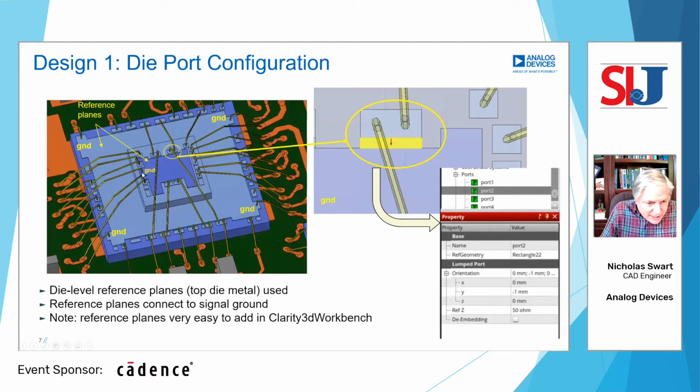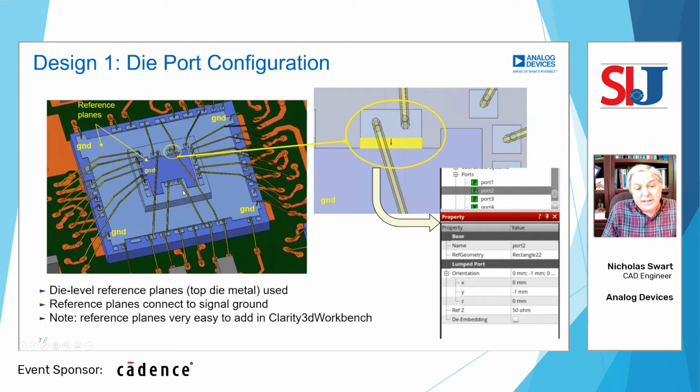And then that plane was physically connected to the ground wires or the ground bond wires and pads for this IC. And if you look in the top right, there's a zoom there, you can see a pad in the top of that yellow oval and a port between that pad and this ground plane. So that ground plane was used as the reference point for all the pads on that die, all the signal pads.